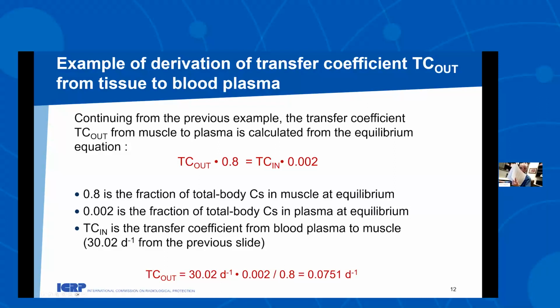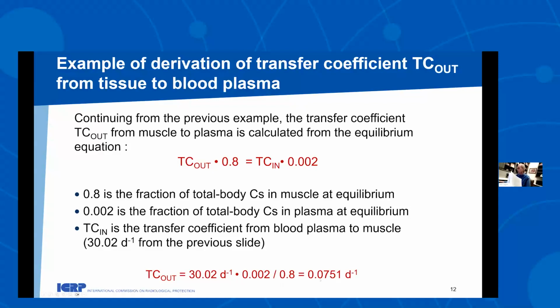The right side represents equal flow at equilibrium from plasma to skeletal muscle: the transfer coefficient from blood plasma times the fraction of total body cesium assumed to be in plasma. So we know TC in from the previous slide, that's 30.02. So we can solve for TC out as shown on the bottom.